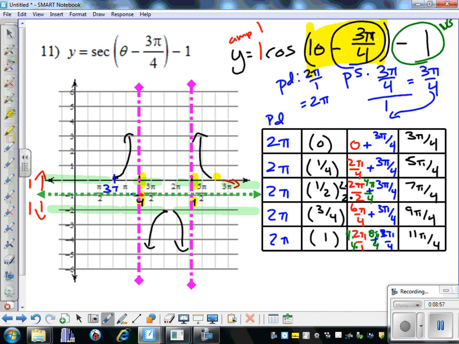So here was 3 pi divided by 4, 5 pi divided by 4, 7 pi divided by 4, 9 pi divided by 4, and 11 pi divided by 4. And this will give me my final graph of y equals secant of theta minus 3 pi over 4, minus 1.